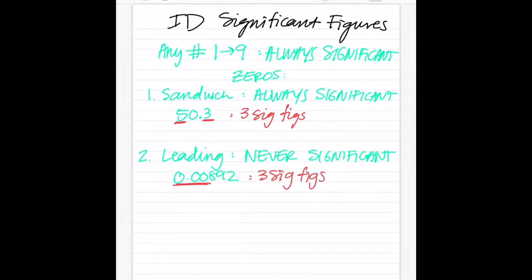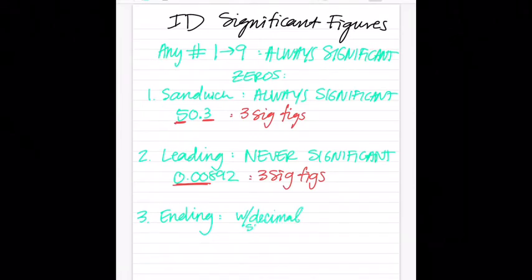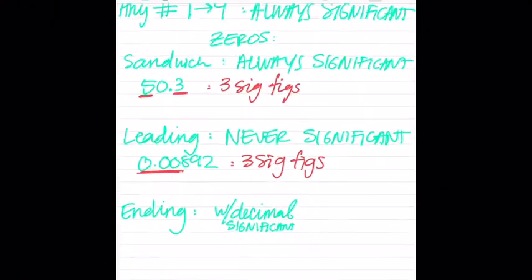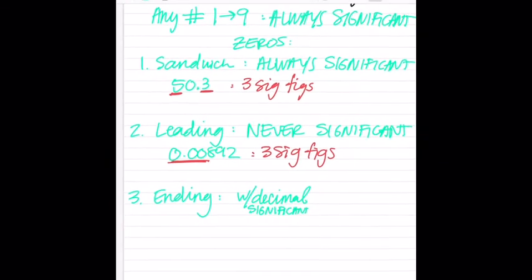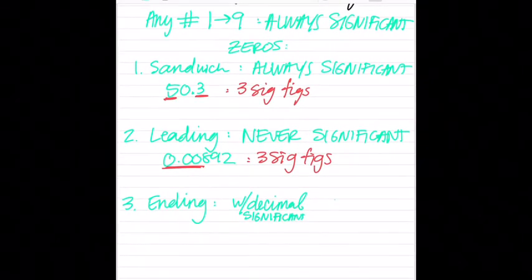All right, and type number 3 are ending zeros. Now this is the one that's a little bit harder. We've got 2 different situations with ending zeros. If you have a decimal, it is significant. If you do not have a decimal, it is not significant.